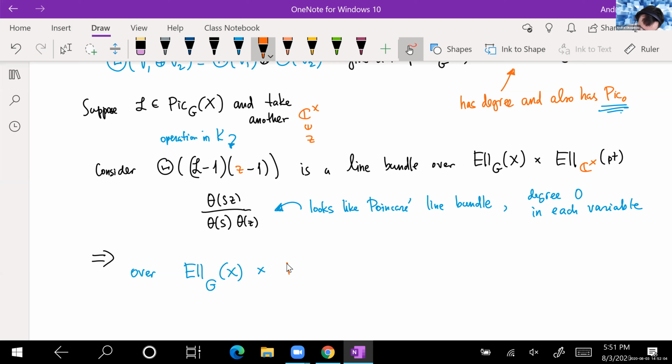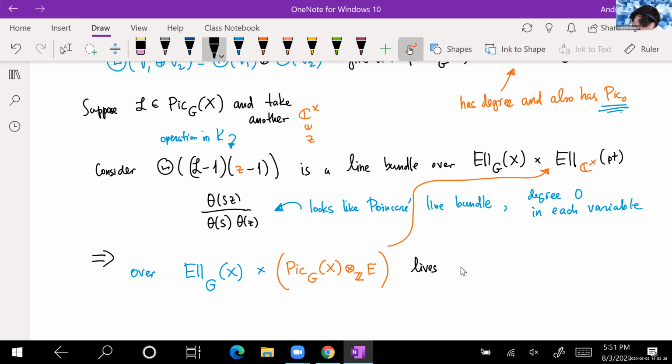I take Pic of X, G-equivariant Pic of X, and then I take tensor of that with E. So this is the analog of that.